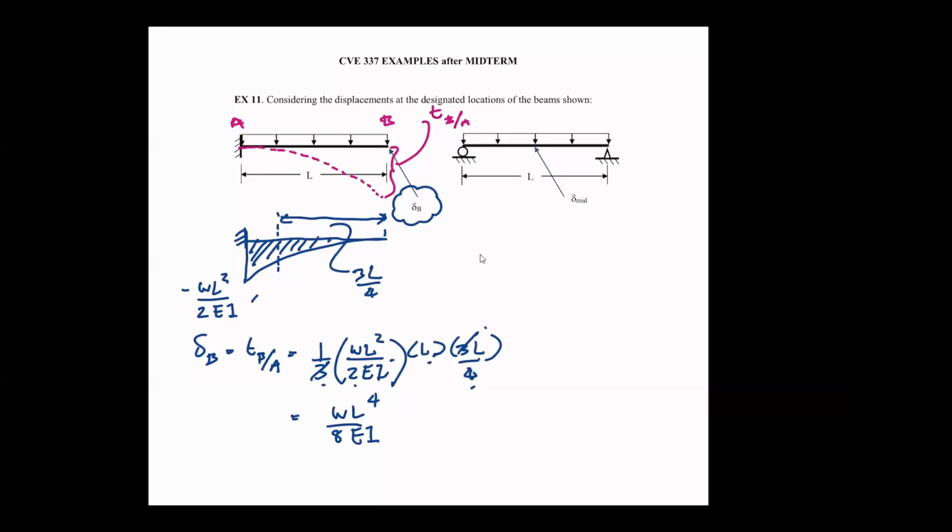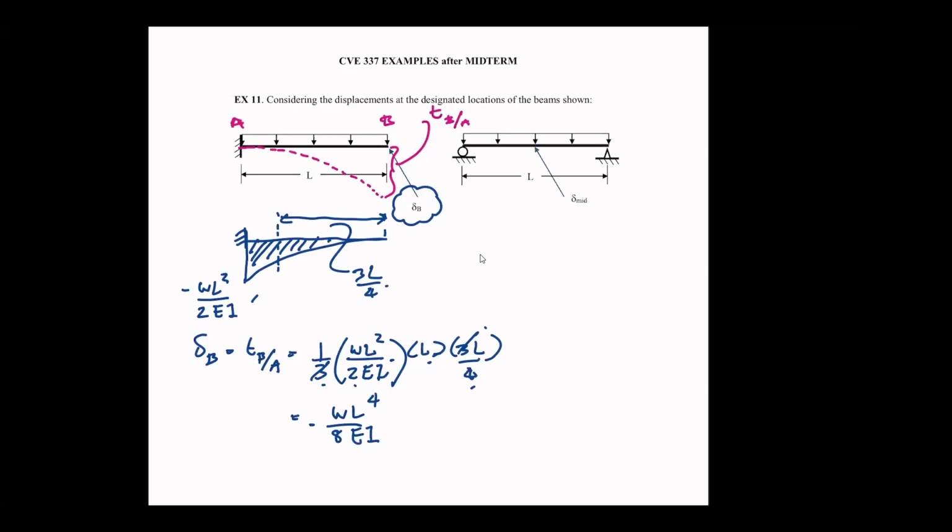And then the moment arm is 3/4 of an L, because we take the moment with respect to B, so multiply by that. So in the end, I get this. In fact, it's a negative value, which shows that it's a downward displacement. So that means I can easily calculate this, but that's not the point.